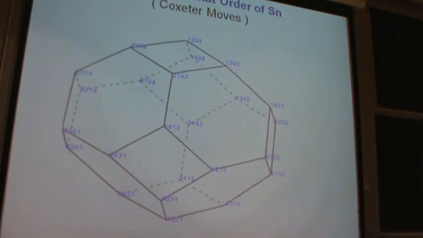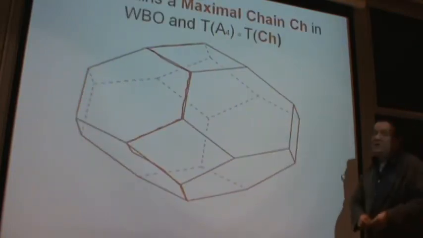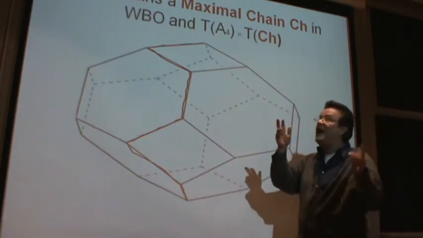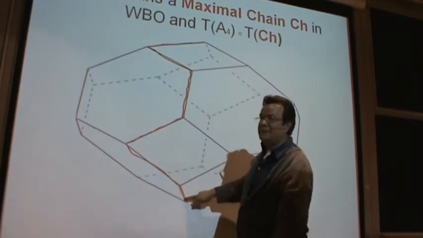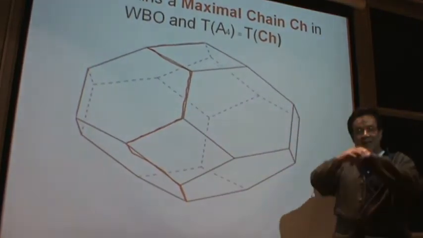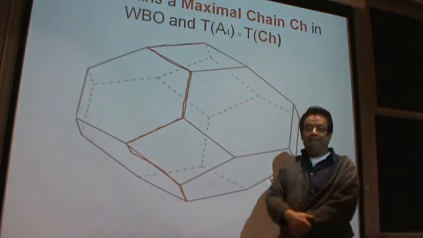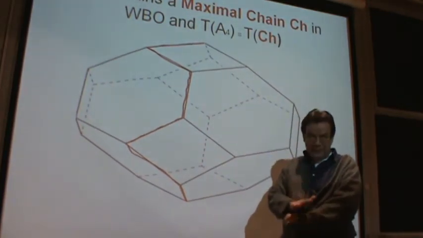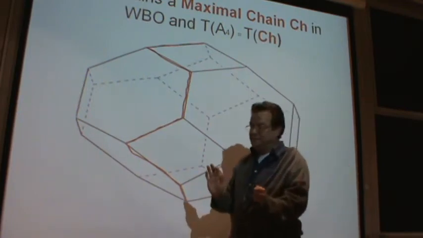Okay, with that now, we can take this set that we started at the beginning, and you look at that set that I showed you, and it happens that that set contains a maximal chain. Is that clear?